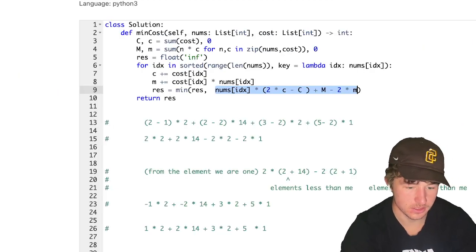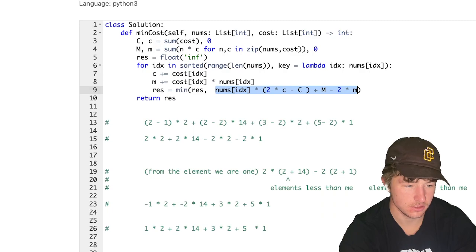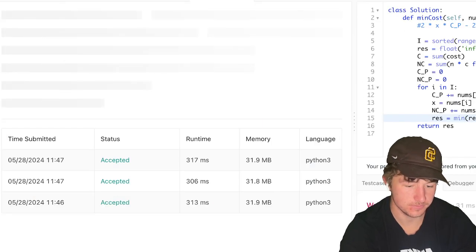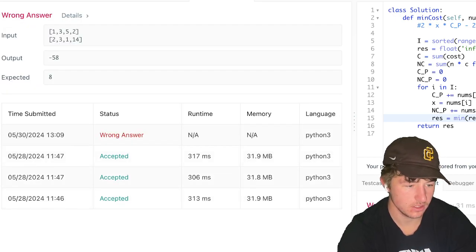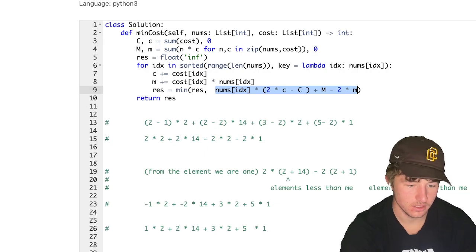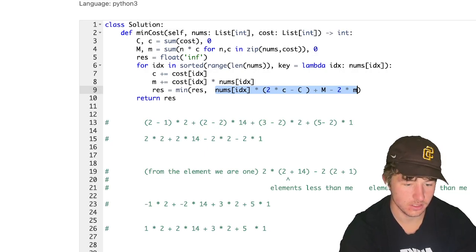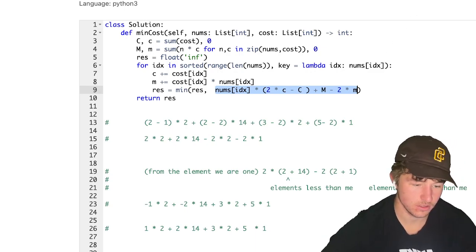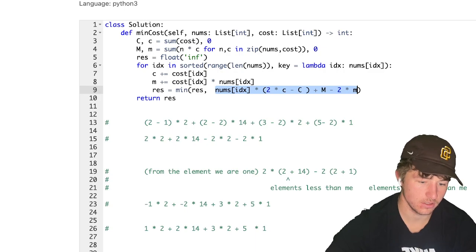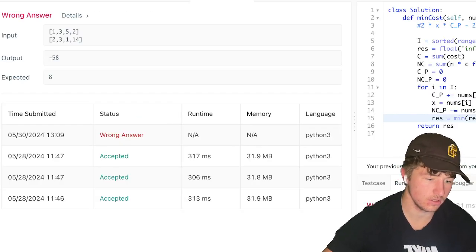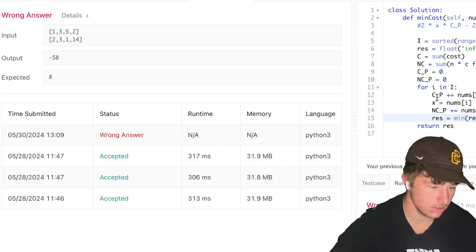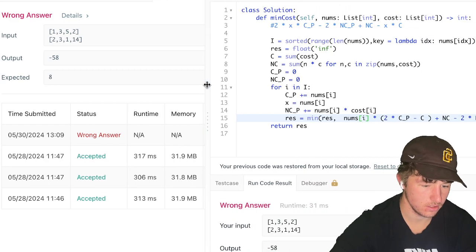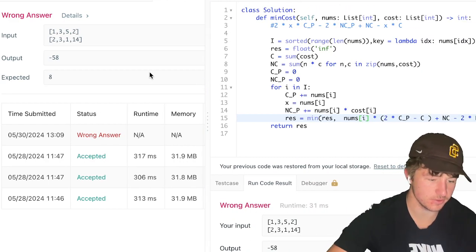What's the difference between these two things? Nothing. I don't understand what's going on at all. Guys, what is the difference between these two things? I don't understand.